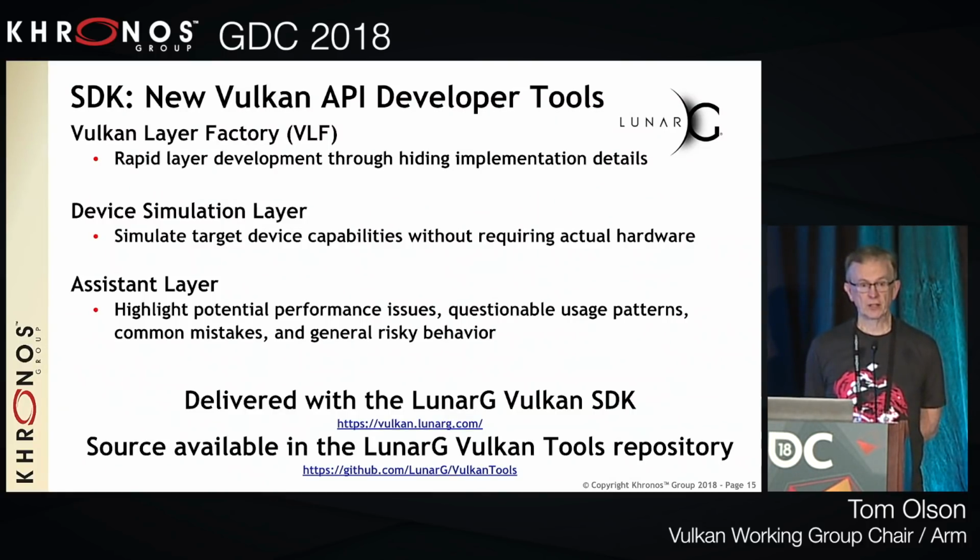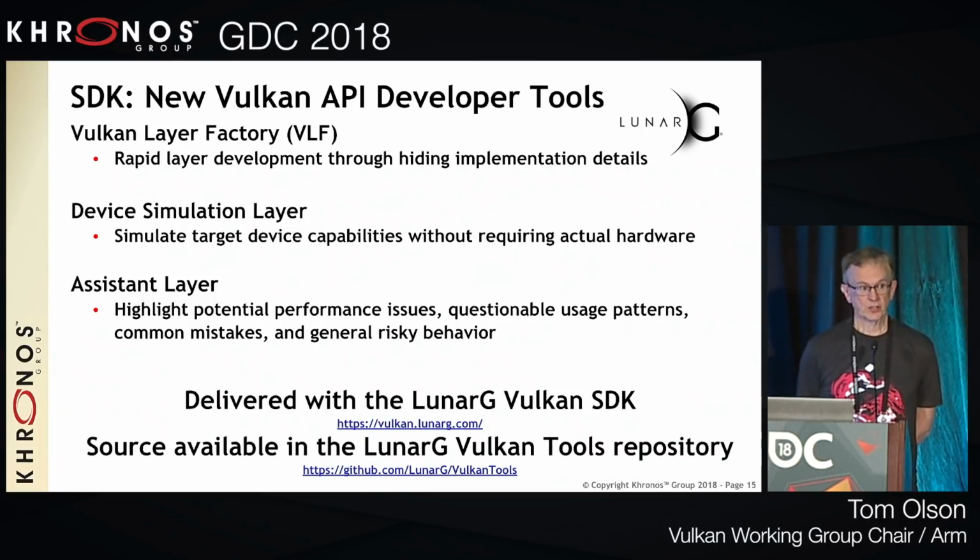So the Vulkan Layer Factory is a new product from the LunarG folks, which automates and hides the details of how layers work, and lets you write one relatively easily. So that's out now. We're working on maybe backporting that to some of the layers we've already done, which don't quite follow that abstraction. So that's an active project, and again, go to the LunarG website, you can check that out.